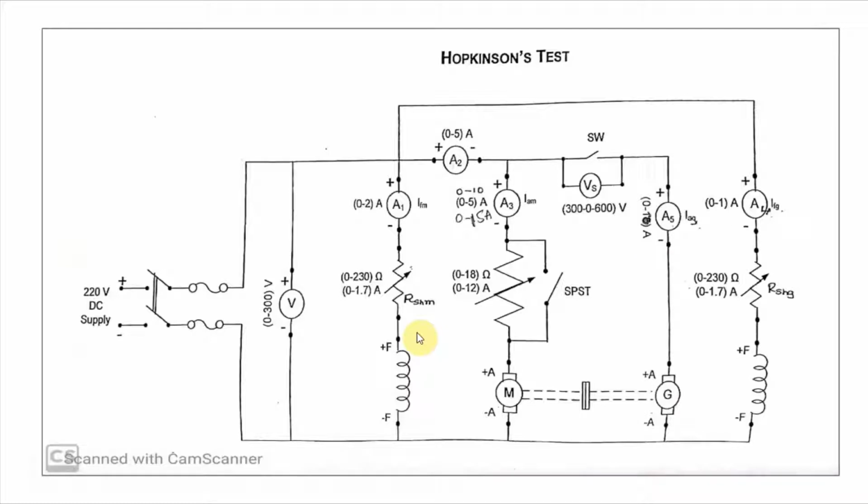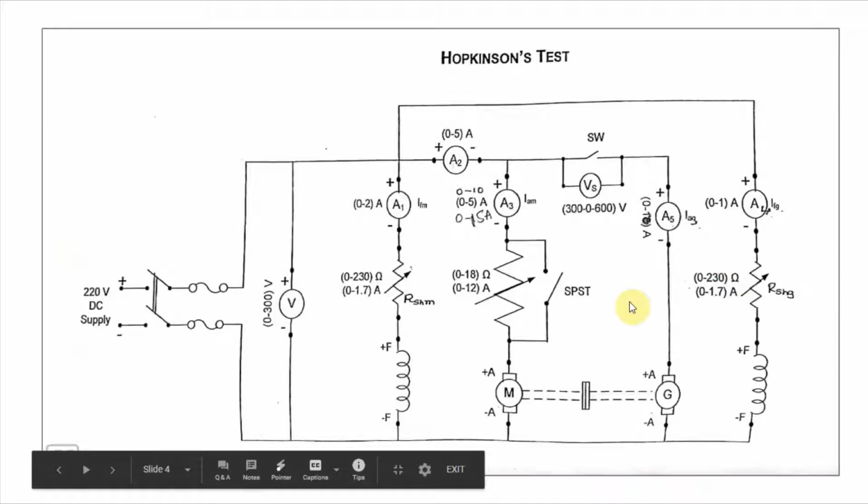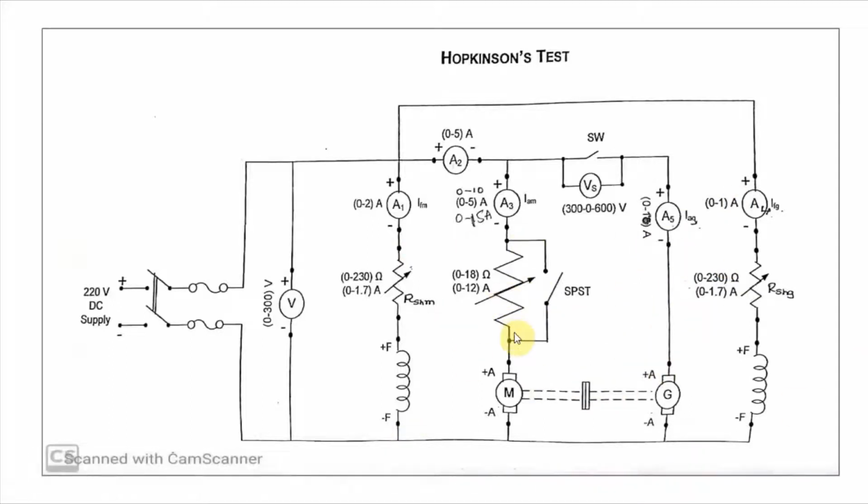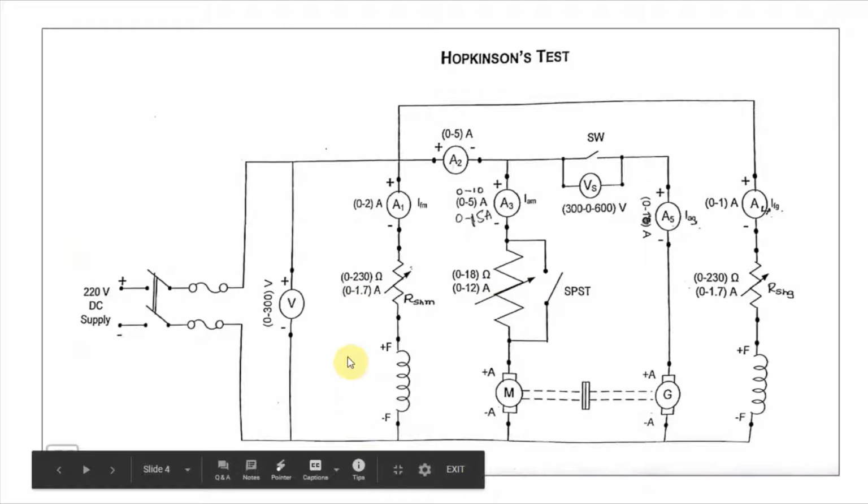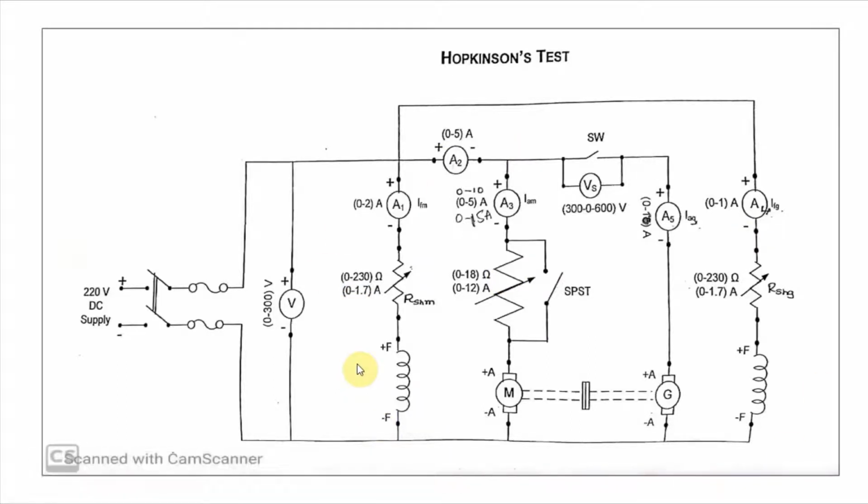Also, in every step, whenever we are adjusting both the field rheostats, we have to keep in mind that the speed remains constant. We will be changing the armature voltage of the generator and the armature voltage of the motor, increasing it in steps, and in each step we have to make sure that the speed of the entire system remains constant at 1500 rpm.